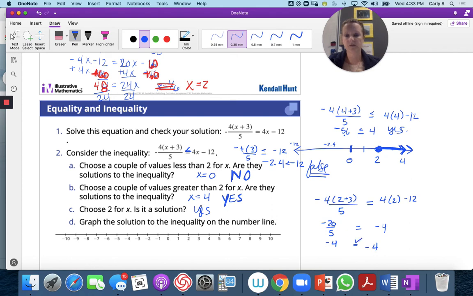So it is a solution. So I want to dot and shade all the numbers to the right. Okay? We tested 4, it was a solution. We tested 0, it was not. So 0 should not be in my shaded portion, and 4 should. I have a closed dot here because 2 is a solution. 4 is a solution. 10 is going to be a solution. Okay.